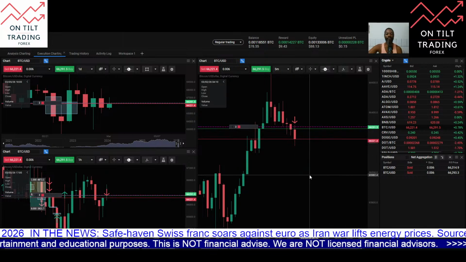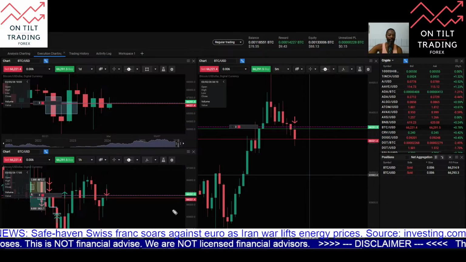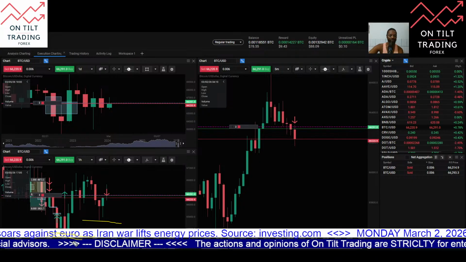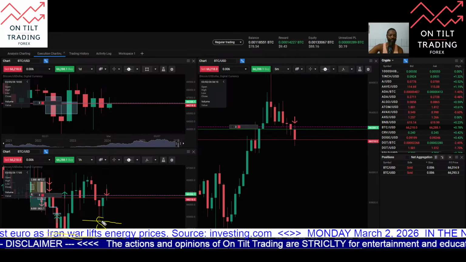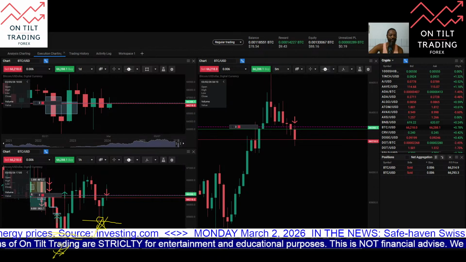And if this position gets to my first take profit here, I'll move my stop to break even, and if all goes well, get to this second area of profit taking down here.